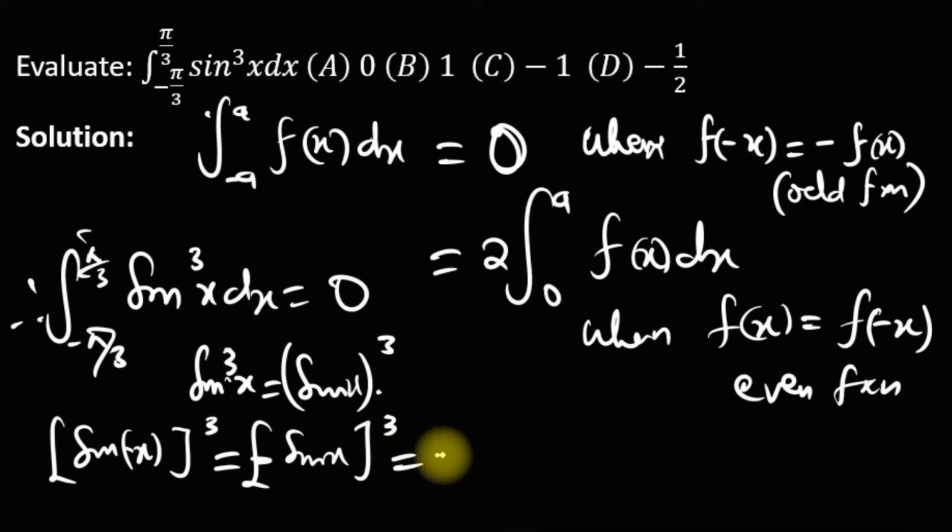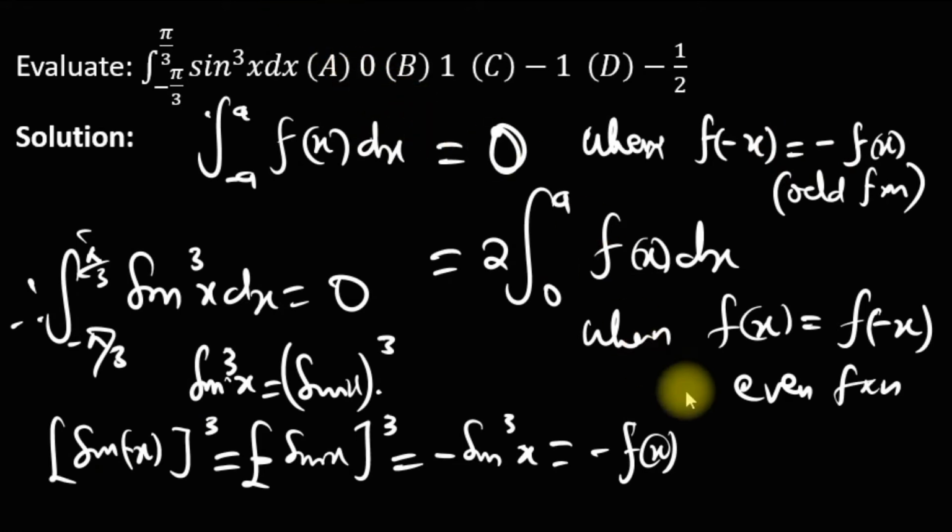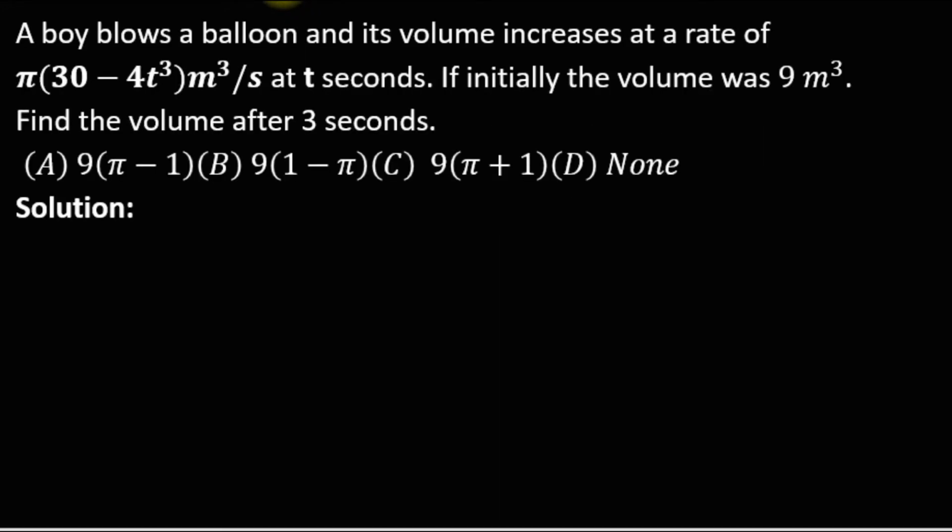This is now minus sine cubed x, which is minus f(x). So if you substitute negative, the answer is 0. Answer is A.